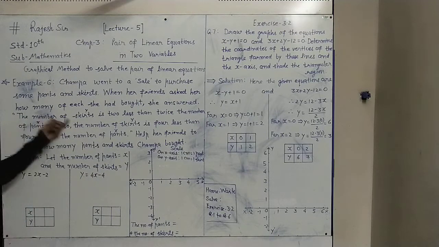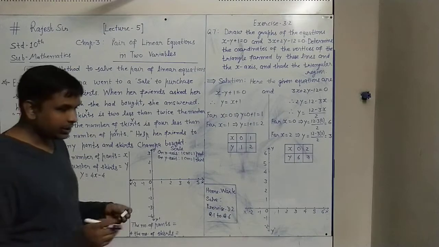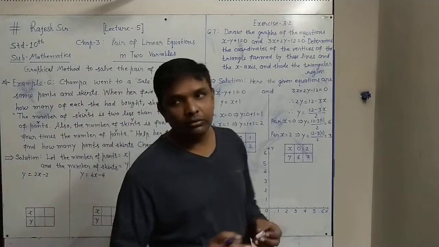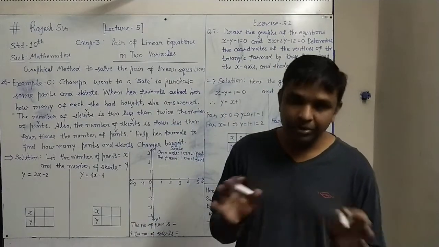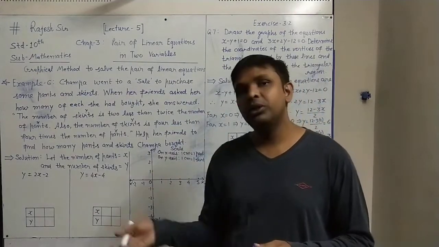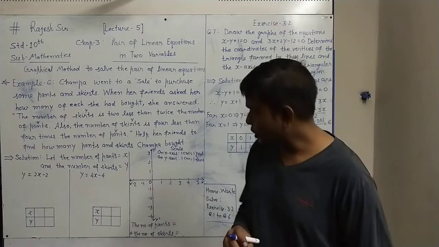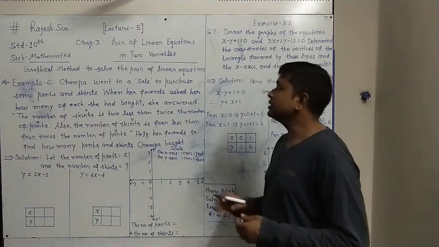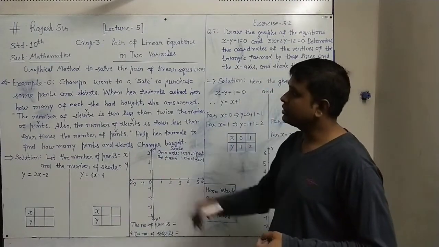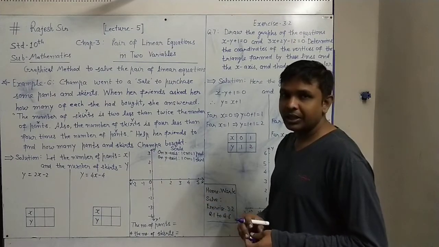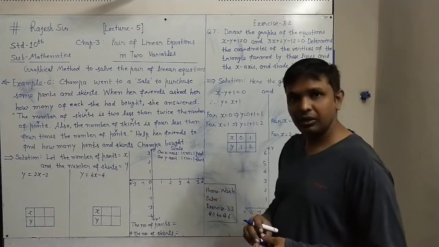This way, from the statements we are making the equations. In a practical problem, this way we have to understand and convert the given problem into mathematical equations, and here those are linear equations. Two equations are there, so we got a pair of linear equations.